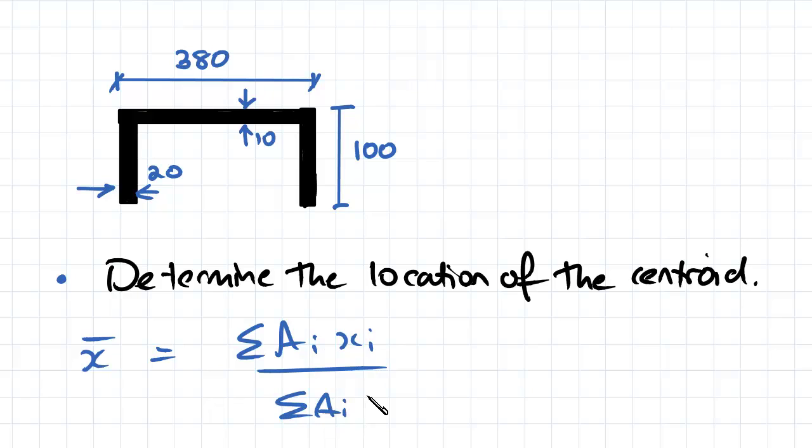So when you've got a complex shape other than a rectangle, you're going to need to split that up into simpler shapes, sometimes rectangles, and then work out the distance between the reference axis and the centroid of each rectangle, add up all of those and then divide by the sum of the areas of all of the rectangles or other shapes that you've been using.